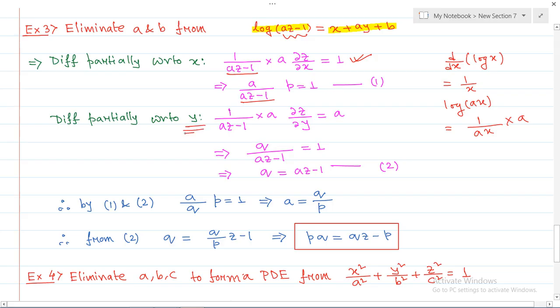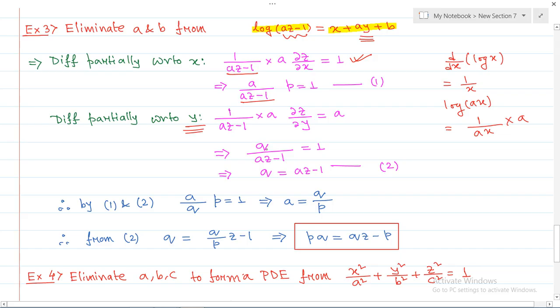Similarly, let us differentiate partially with respect to y. We have 1 by az minus 1 into, look at inside, az minus 1 derivative is a into del z del y. On the right hand side, if we differentiate with respect to y, we have this term only, a into y, so we have a here.